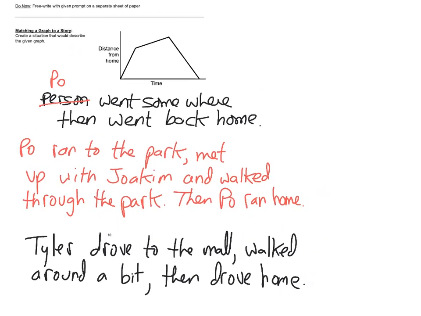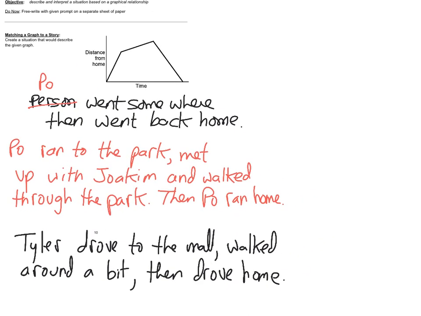So we have 3 correct scenarios, all right? In every case, we took into account that a person's distance from home was changing, all right? They started off at home, distance was 0, and then later on, their distance was also 0, all right? The slope represents what? The speed.